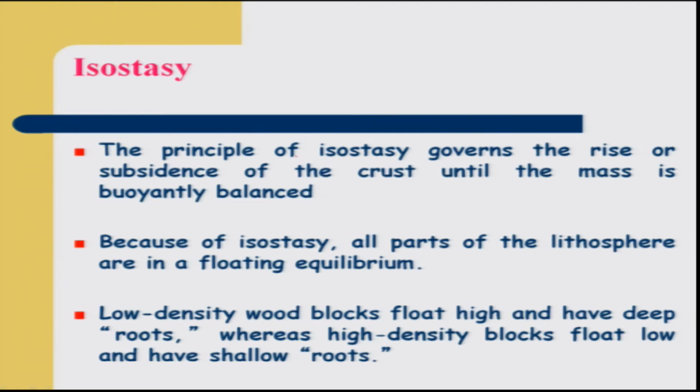Now the other point is about low density. An example given is low density wood blocks, which float high and have deep roots, whereas high density blocks float low and have shallow roots.